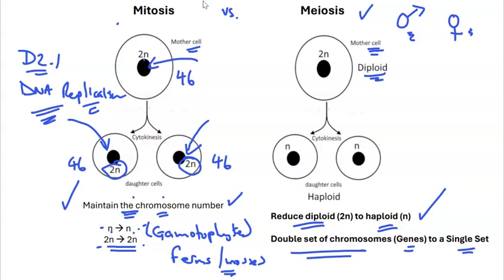So in a human being, the process of meiosis reduces the double set of our diploid cells with a double set of its chromosomes to a single set of its chromosomes, a single set of its genes. So we'll return to this in more detail and clarification in the process of meiosis.